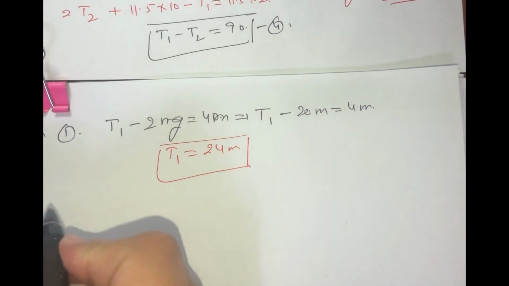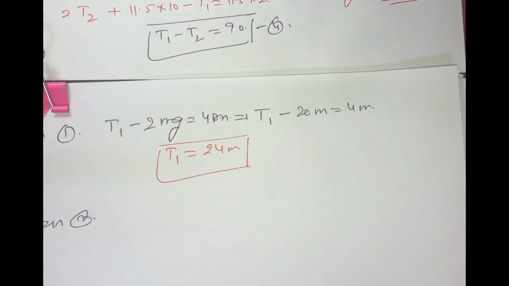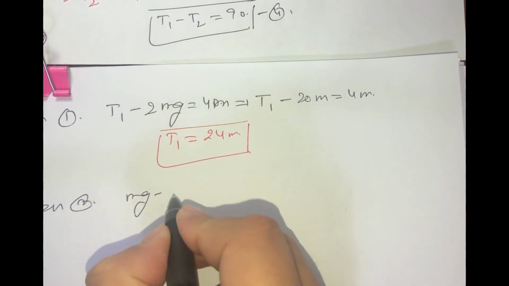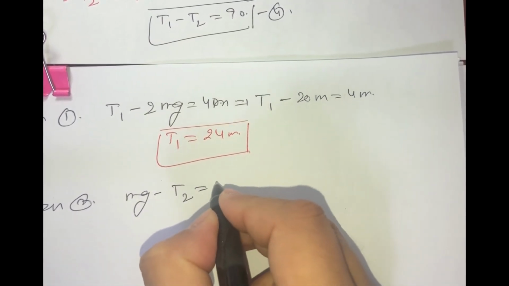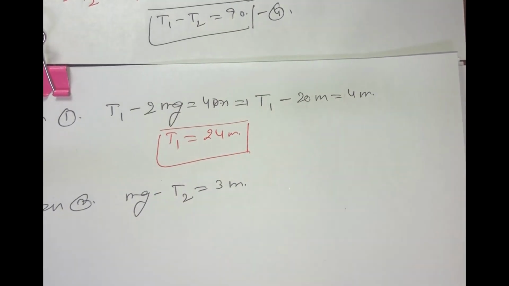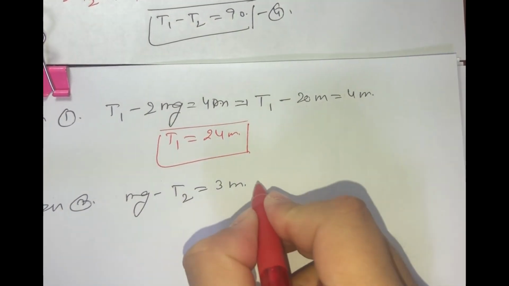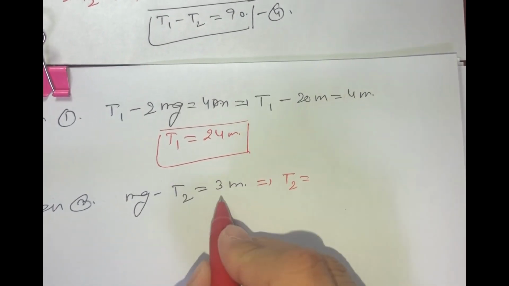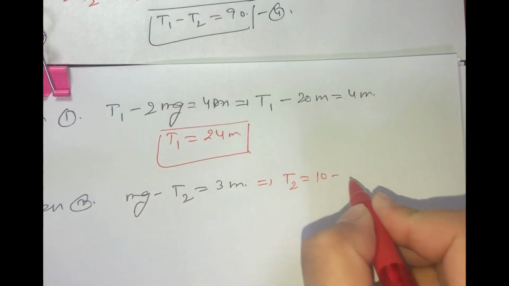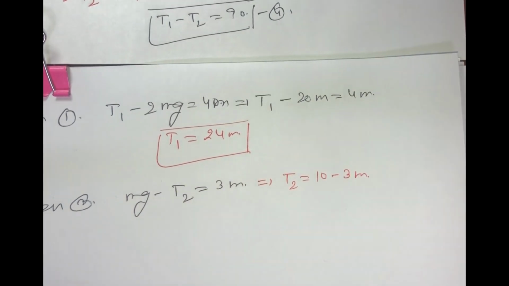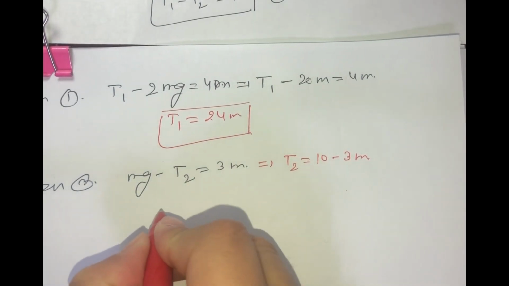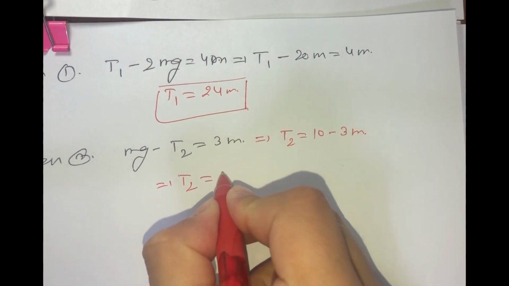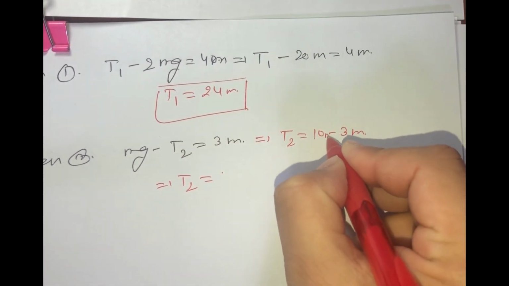Now equation second. Equation second is mg minus T2 is equal to 3m. From here we can say that our T2 will be equal to 10m minus 3m, and we get T2 is equal to 7m.